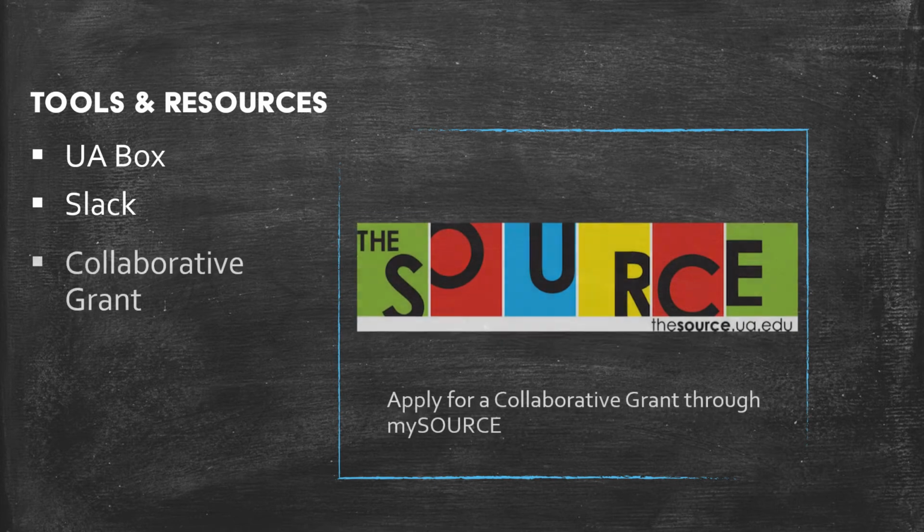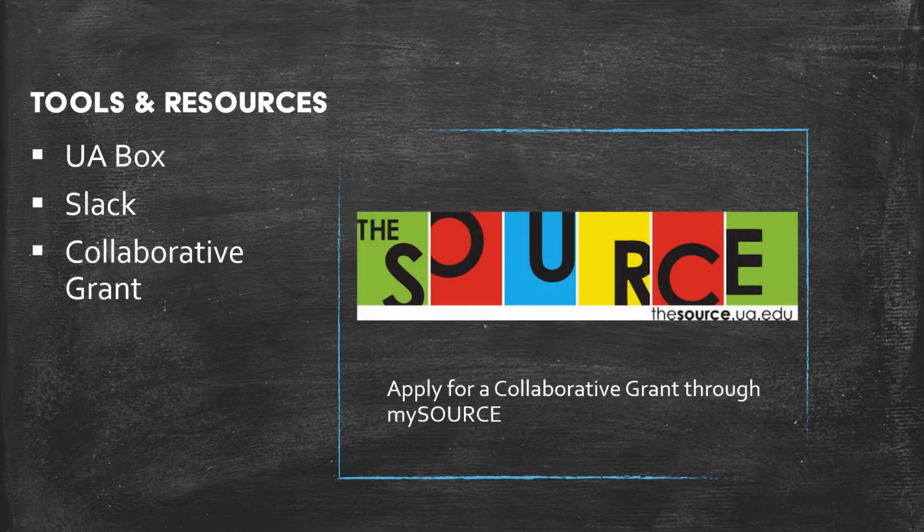If you are interested in collaborating with another student organization, student involvement gives you the opportunity to apply for a collaborative grant. The SOURCE Board of Governors oversees this process and offers student organization grants of varying amounts for collaborative events that positively impact the UA community. The collaborative grant application will be available online on MySource through the Campus Links tab.